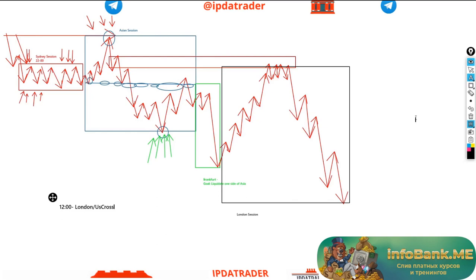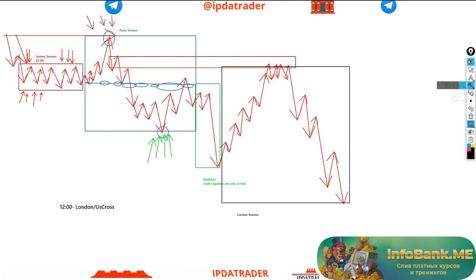And depending on how much liquidity they actually gathered with the previous moves, you can get a reversal during this period of time, right? There's a probability that you can reverse and actually continue higher. And let's move on to the New York session. If we are in a bearish day, in a bearish bias, the same thing happens.